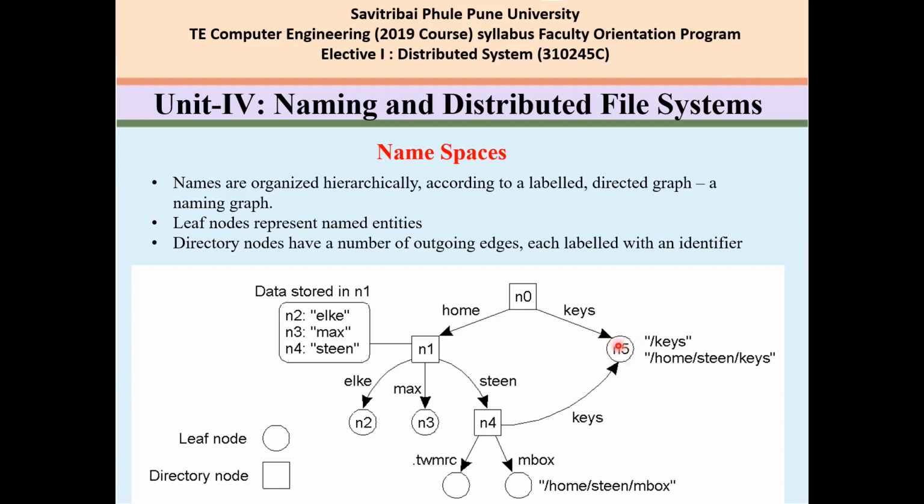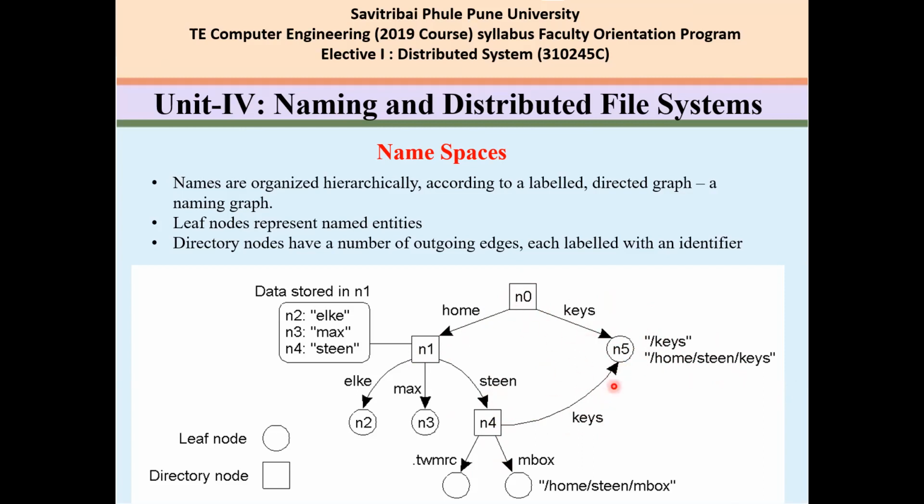Now, when I want to access N5, there are two ways. Starting from the root node N0, the first way is directly /keys, going from N0 to N5. The other way is from N0 to home, that is N1, then to steam, that is N4, then from N4 to keys, and then I reach N5. So you can see the second path, /home/steam/keys, and now I'm at N5.